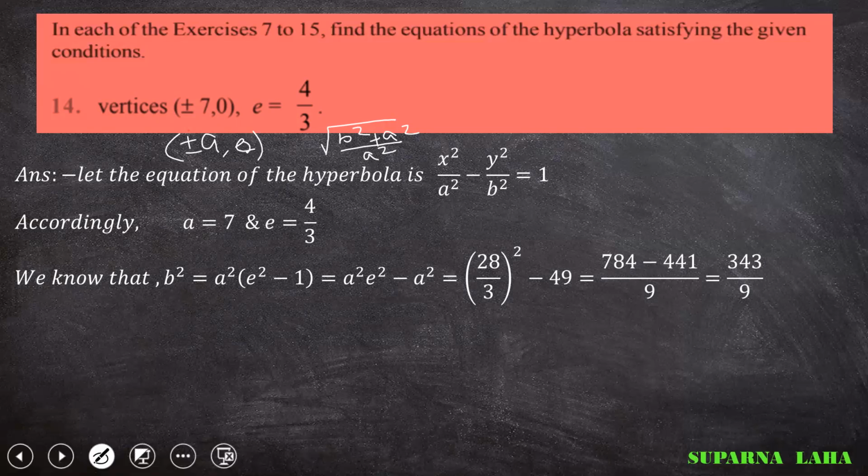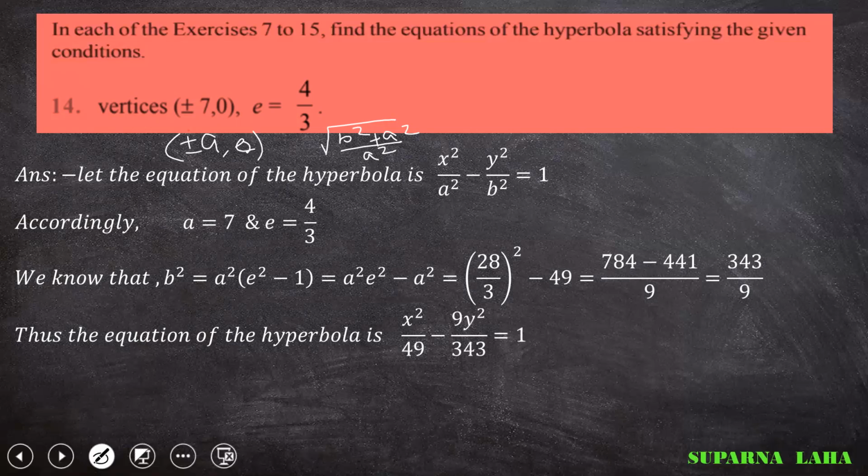Okay. Simplify this, you can easily find. I am not explaining the simplification, just put the value and you can get the answer. So here is the equation x²/a², that is 7², 49, and this is 9y²/343 = 1, the equation of the hyperbola.